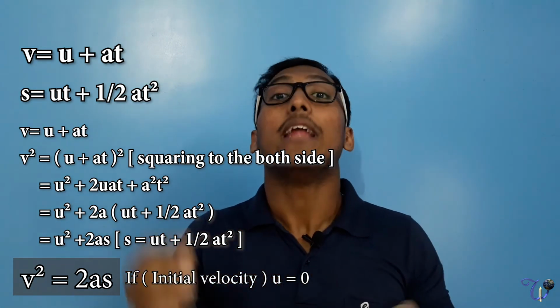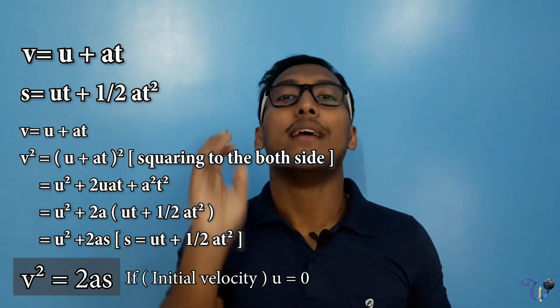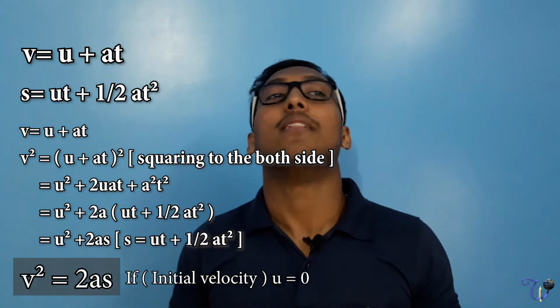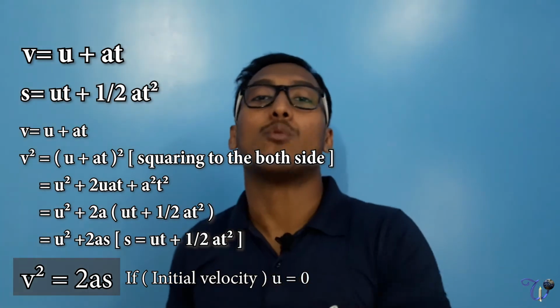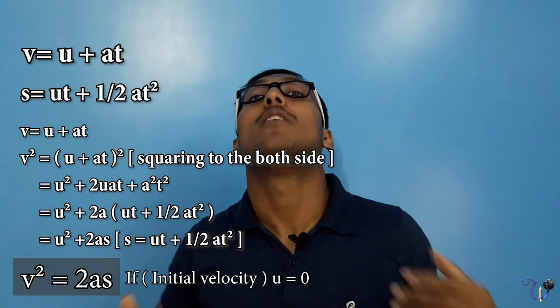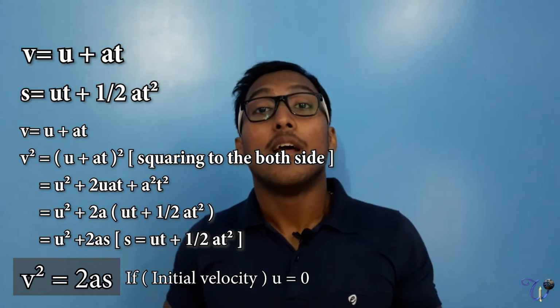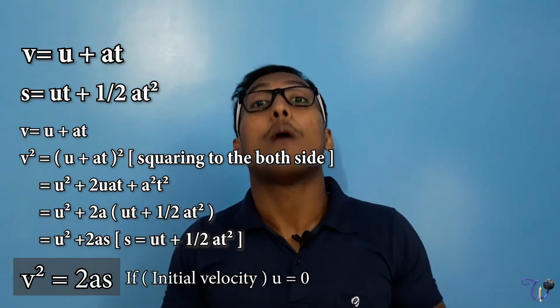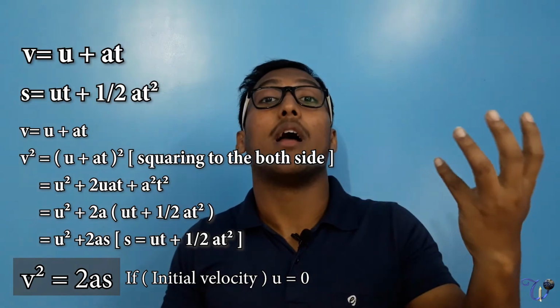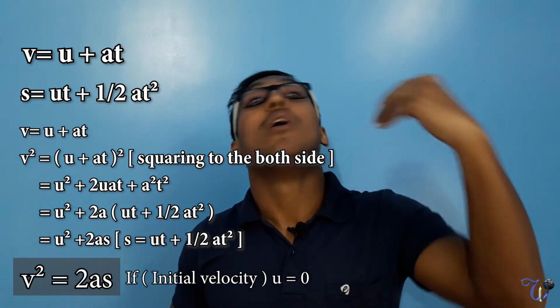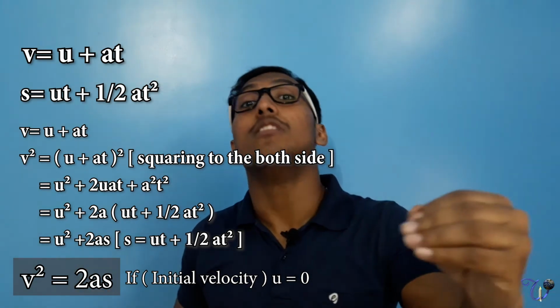Then, in the second equation, if you have to determine the distance covered by the particle, that is s, you can directly do this by ut plus half of at square. Sometimes s is not given but the others are given, and sometimes s is given but u or t or a is not given, so you have to solve your problem by using this equation.